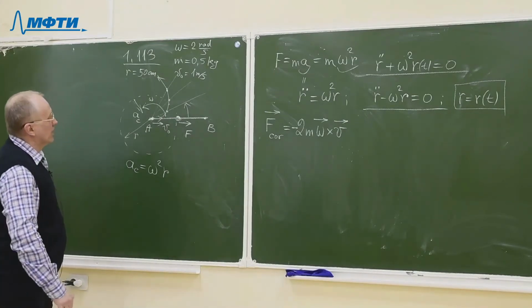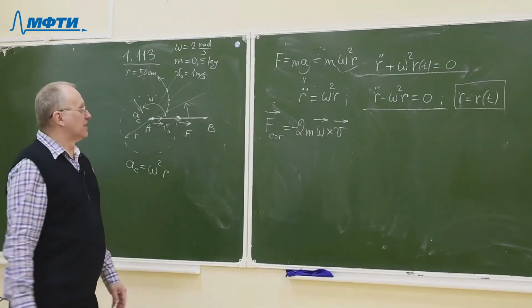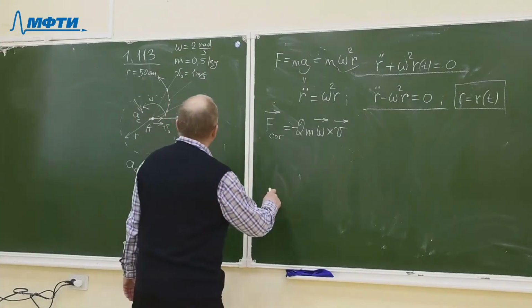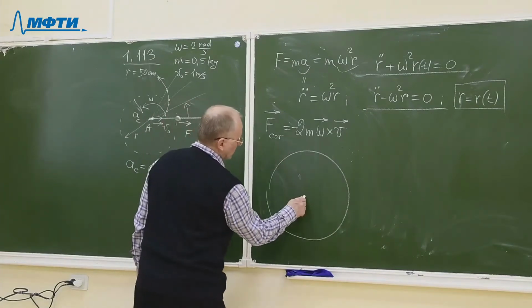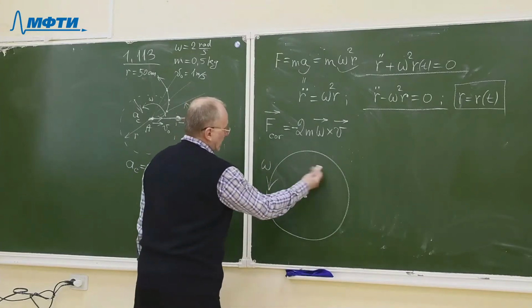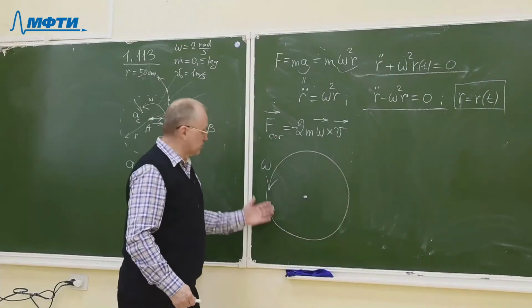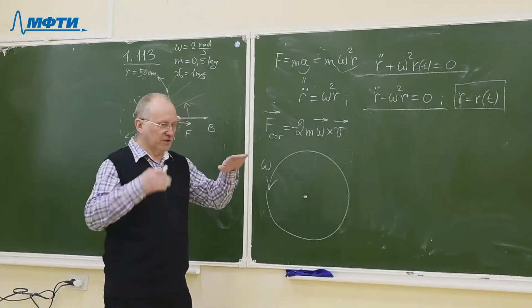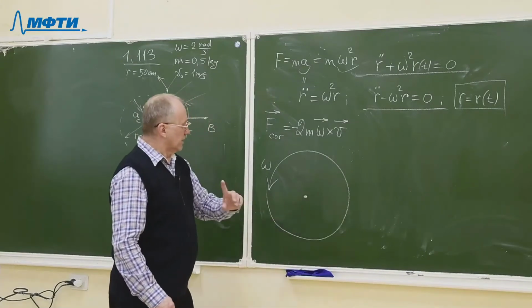So let's consider this in greater detail. Suppose there is a rotating disk and you are in the center of this rotating disk. And the disk is positioned in a horizontal plane, so forces of gravity may not be taken into account.